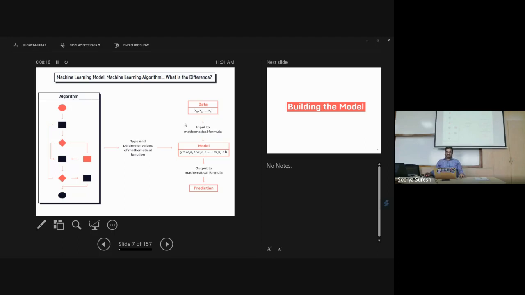Here we use a mathematical formula and then we develop the model. When we say model, it is a mathematical equation. So machine learning is equal to a model, which is equal to a mathematical equation. Ultimately, when I say learning, it means a mathematical equation is ready, which learned the correlations, the relations, or the hidden patterns among the data.